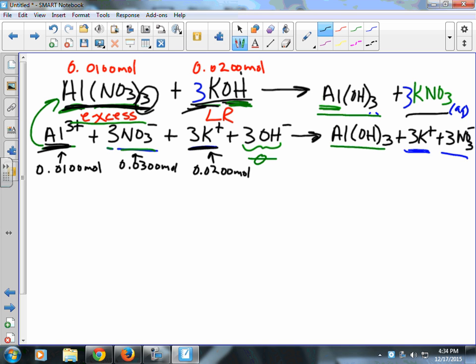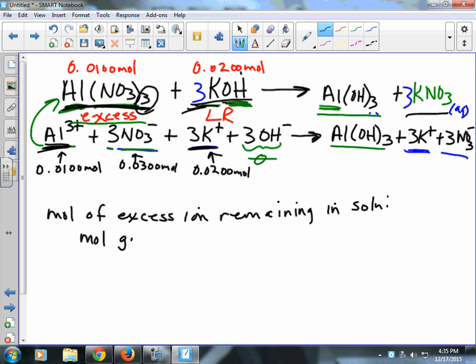Okay, the first bonus question asks moles of excess ion remaining in solution. Okay, well, what do we need to know? We need to take our moles of given excess ion, subtract moles of excess ion reacted.